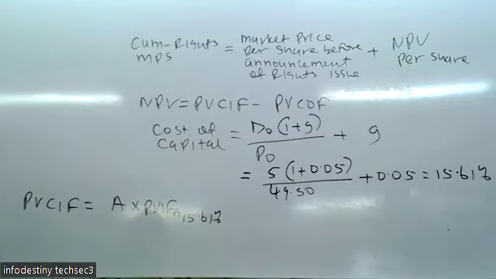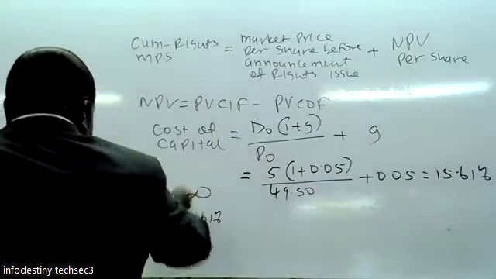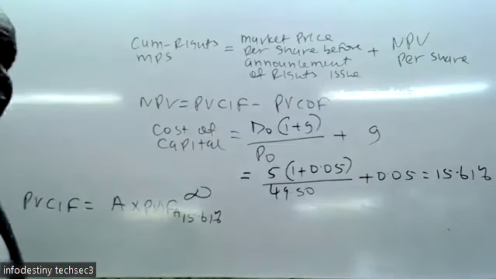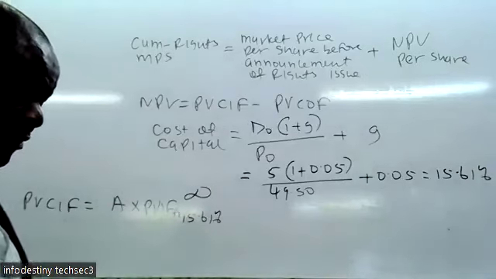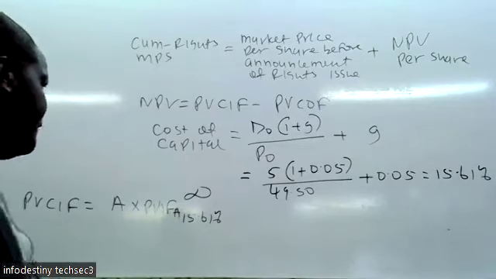N will be up to infinity. They have not given us the maturity period or for how long. They have only said that it will increase by 965 up to infinity.